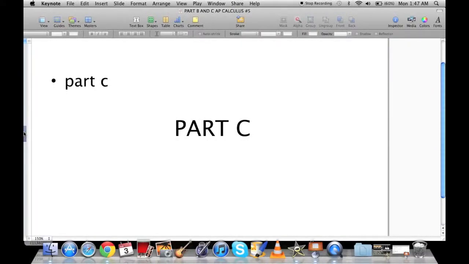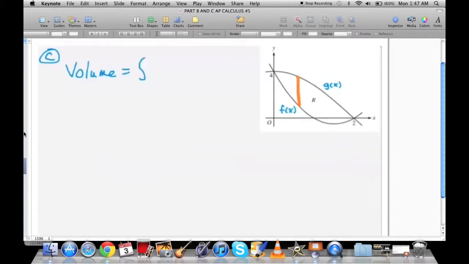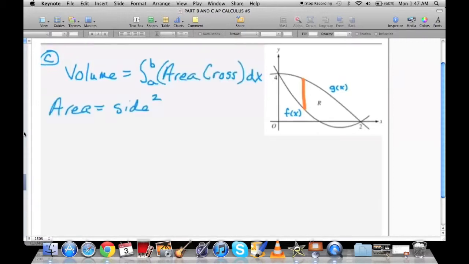Now, for part C, we have to find the cross-section of the volume with squares perpendicular to the x-axis. To find the volume of a cross-section, volume equals integral from a to b of the area of the cross section dx, where the area of a square is side squared.